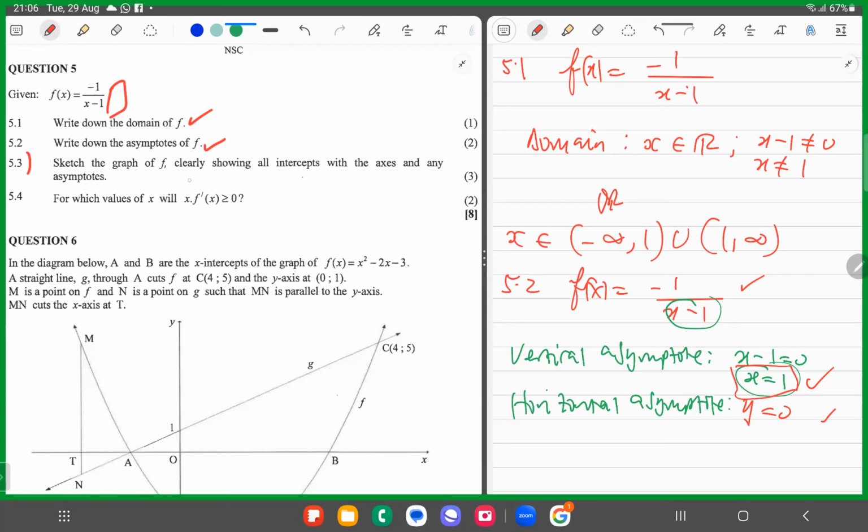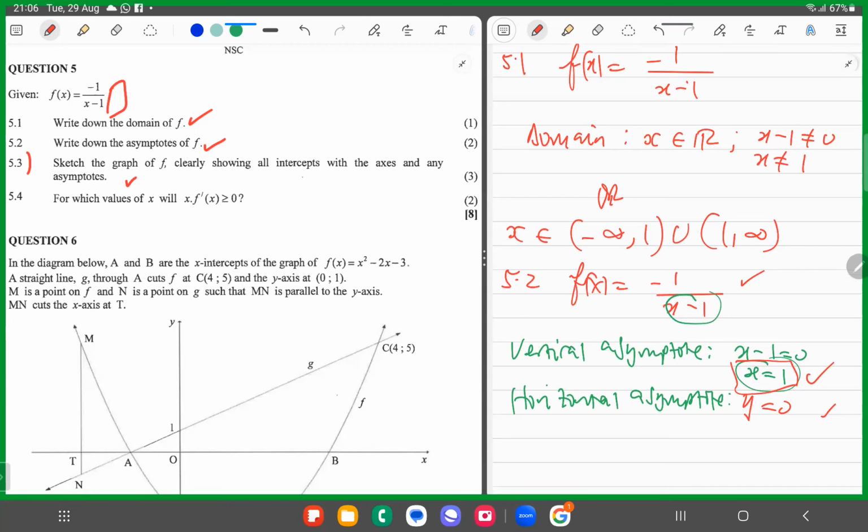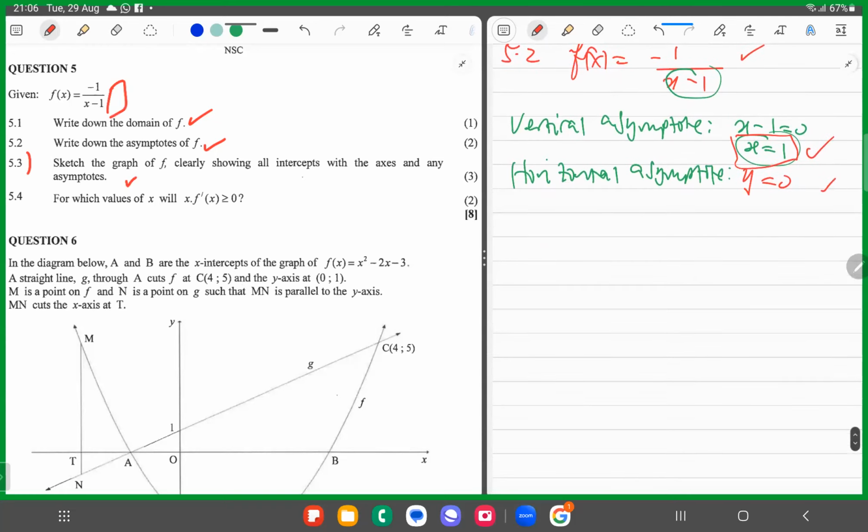5.3, sketch a graph of f, clearly showing all the intercepts with axis and any asymptotes. Okay, let's continue with this one. Easy.